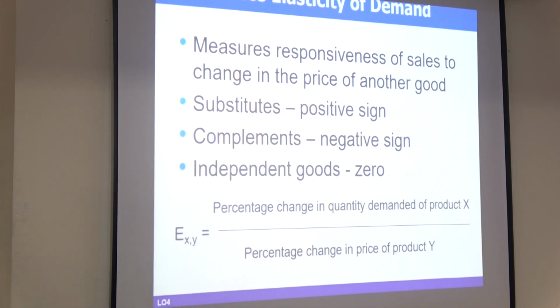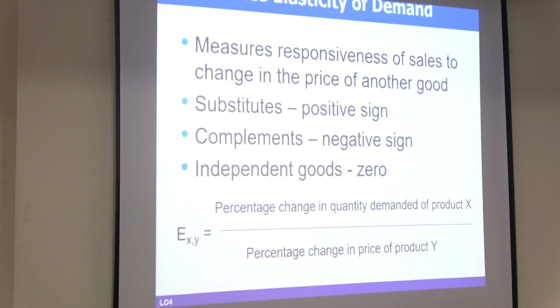So when the cross price elasticity of demand coefficient is positive, we can conclude that the two products are substitutes, and when the coefficient is negative, we can conclude that the two products are complementary. What happened to a pair of products which has no relationship at all?